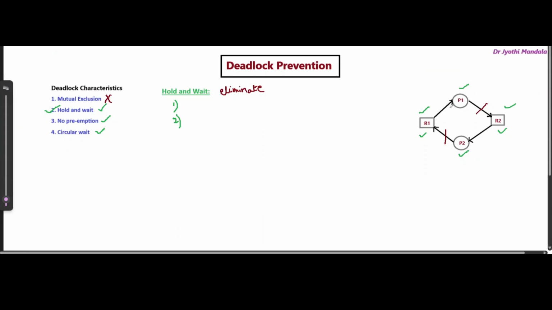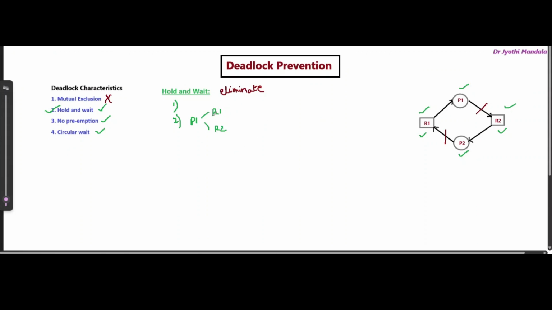Suppose P1 wants R1 and R2 both, then it should not grab R1 first and request for R2. It has to request for both the resources R1 and R2, and only after getting both the resources it can start the execution.